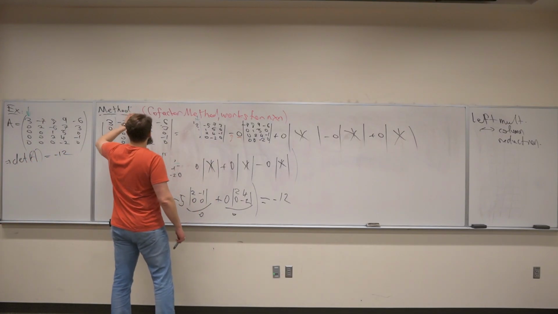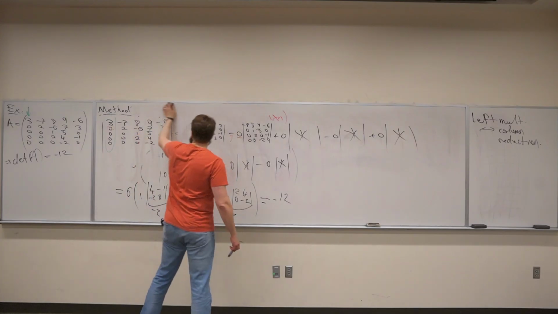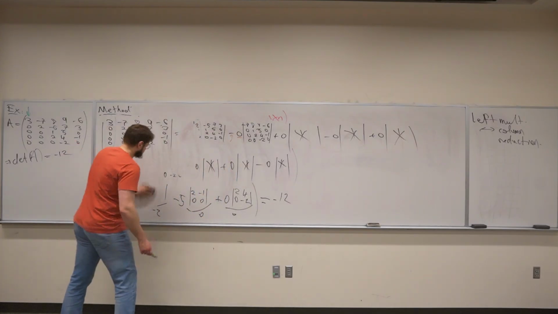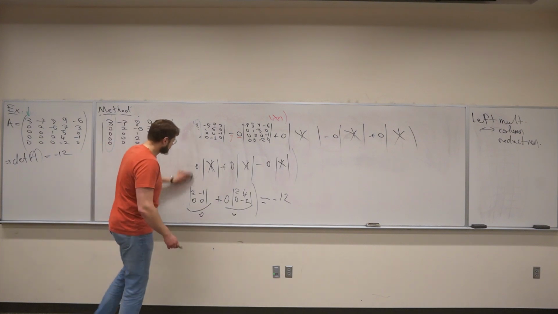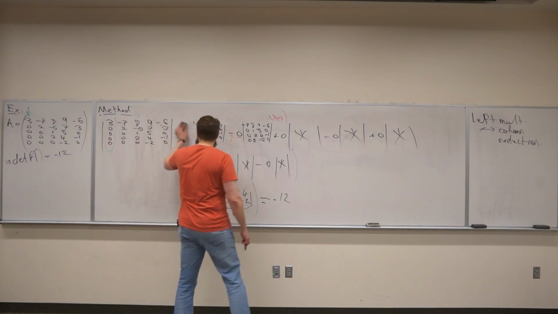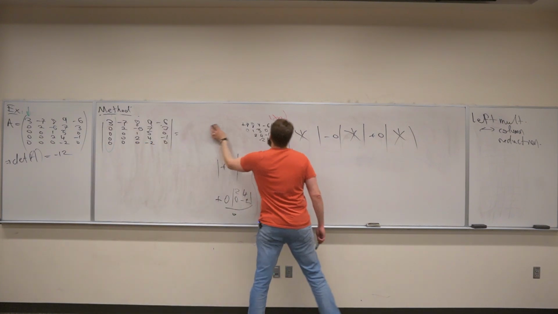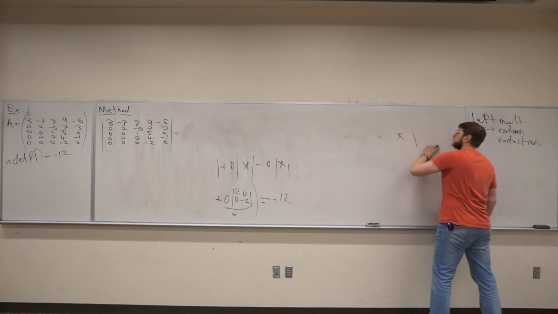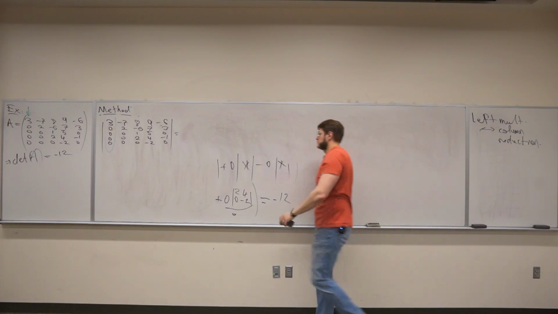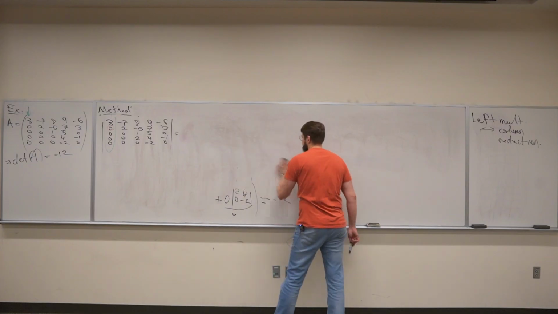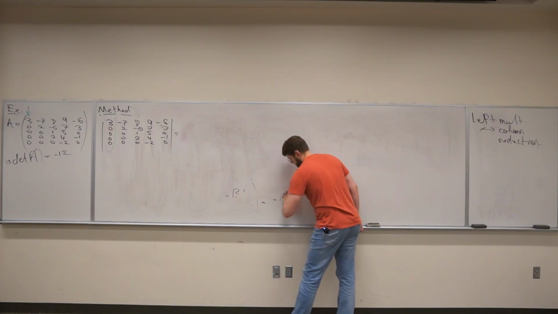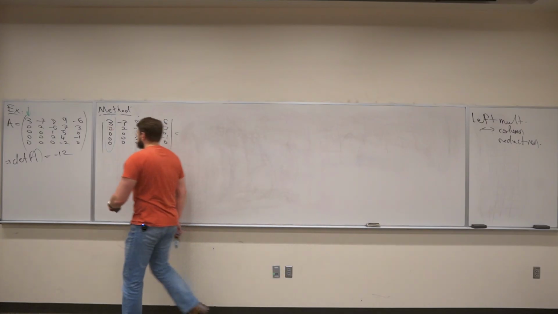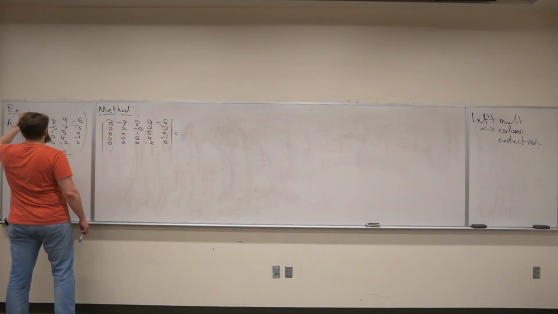So here's method C. This is like a complete or full reduction if you want. Both row and column reduction. I'll erase this.